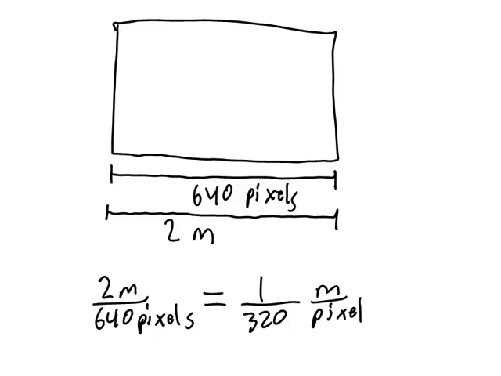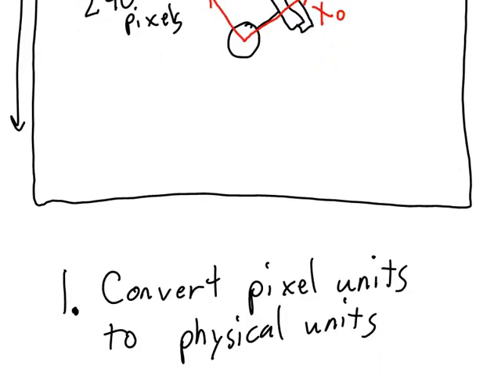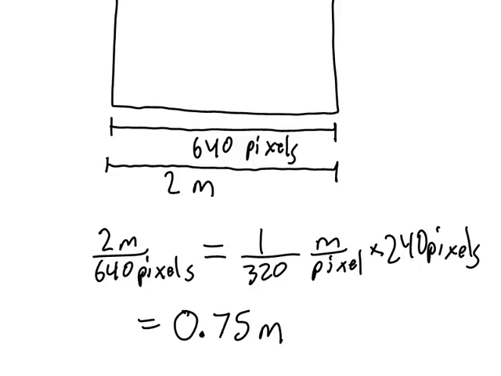Now, when we multiply this value by the pixel location of the object, it will give us the location of the object in meters. Back in our example, I said that I knew the location of the object as 240 pixels in the horizontal direction. So I'm going to now go convert that into physical units. So that the meter, or physical location of the object, is 0.5 meters in the horizontal direction.